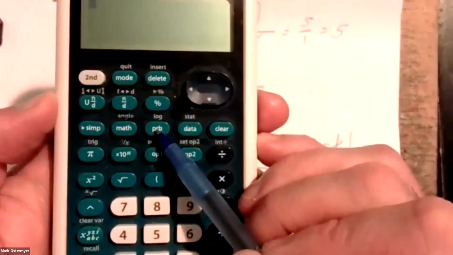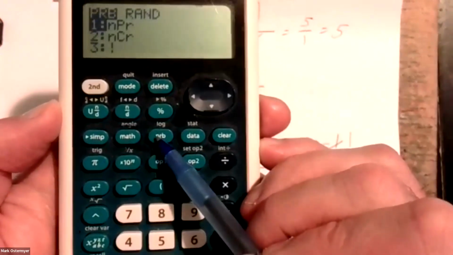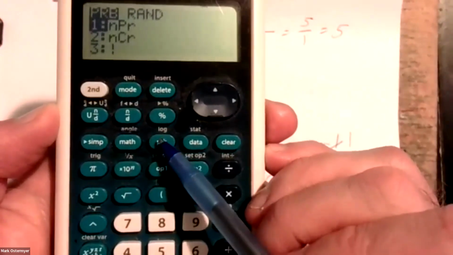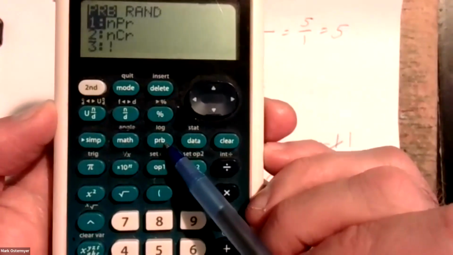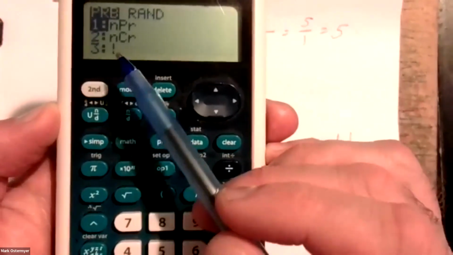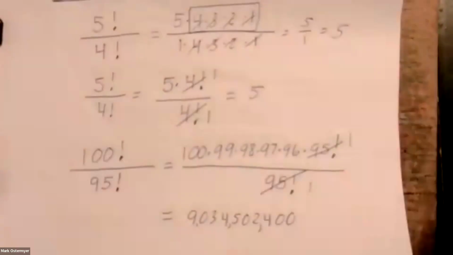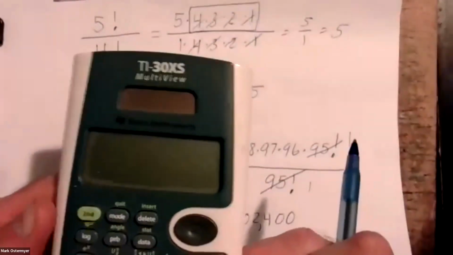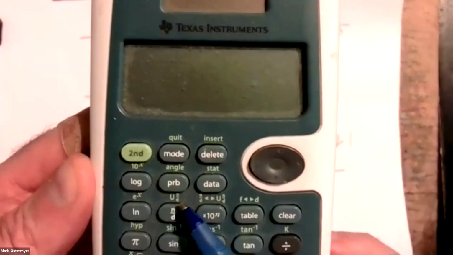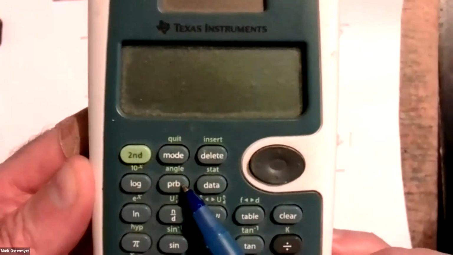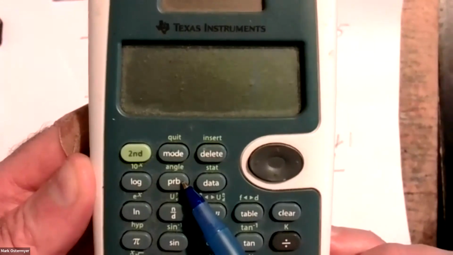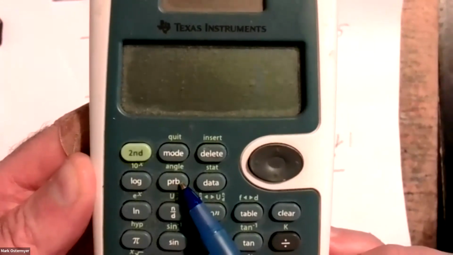When I hit that button, notice my third function down is my factorial function. Everybody see that? Well, guess what? Your TI 30 XS also has a probability button on it. Now, I don't have any batteries in this thing, but I bet if you push that probability button, you would see the factorial function.